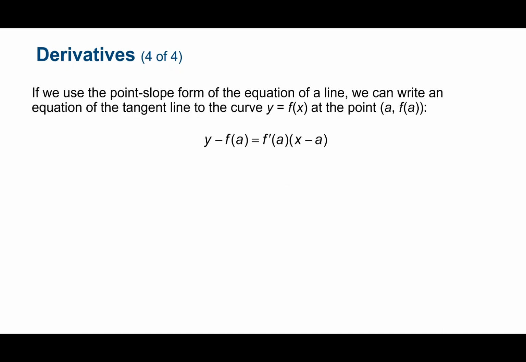Here was how we were writing it down before. We were saying y minus the y-coordinate of the point where we're tangent equaled the slope of our tangent line, which now we can call f prime of a, times x minus the x-coordinate of the point where we want our tangent line.